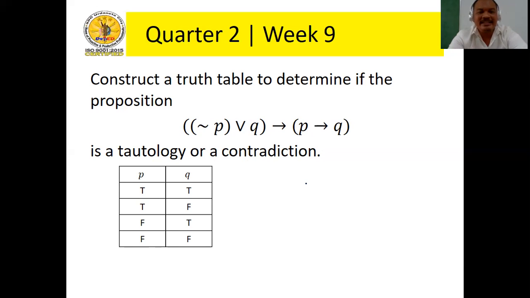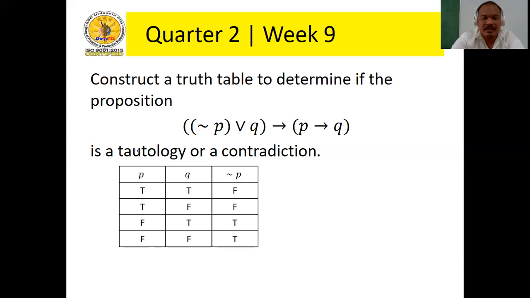We're going to negate now the proposition of P by having this column. Okay, so this will be the negation of P. So this is true, therefore the negation of that is false. This is true, negation of true is false. This is false, negation of false is true. Then this is false, negation of false is true. So this will be the column of not P.